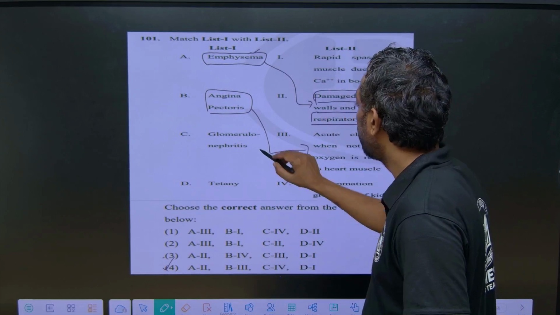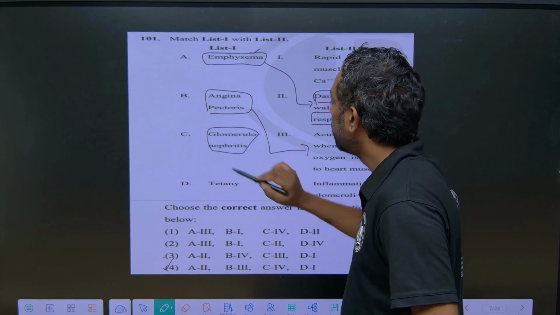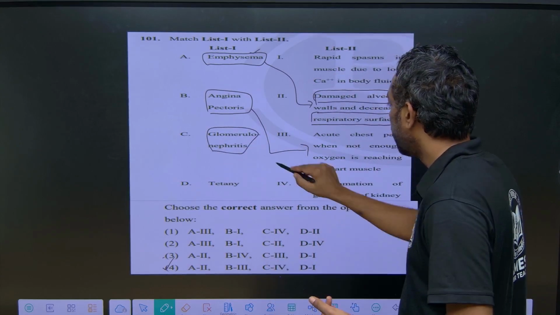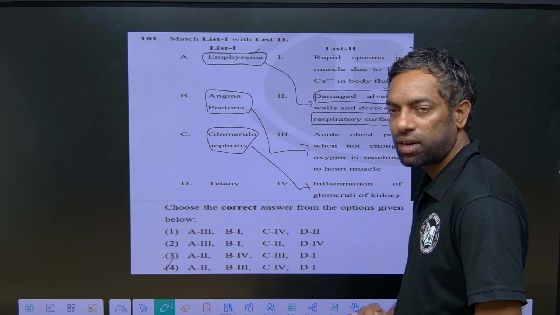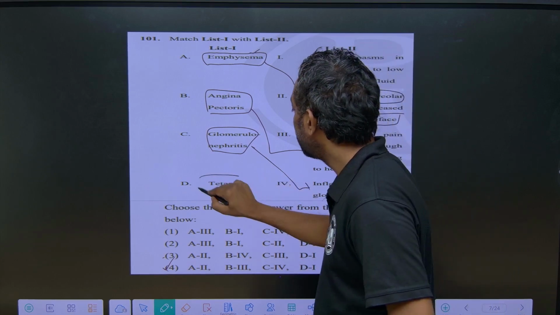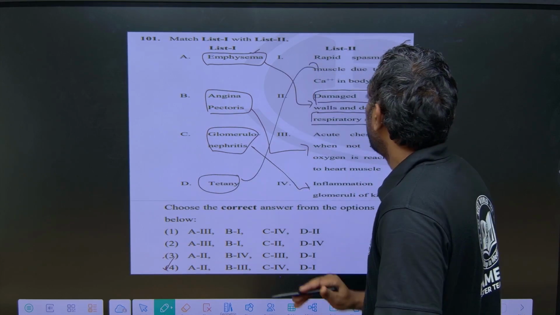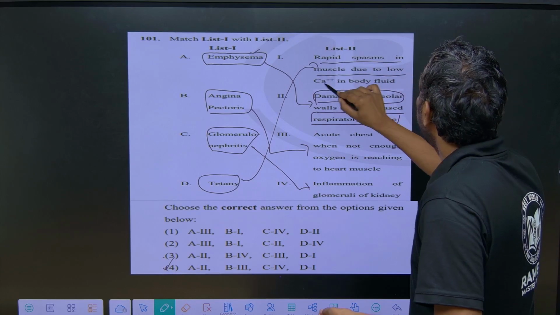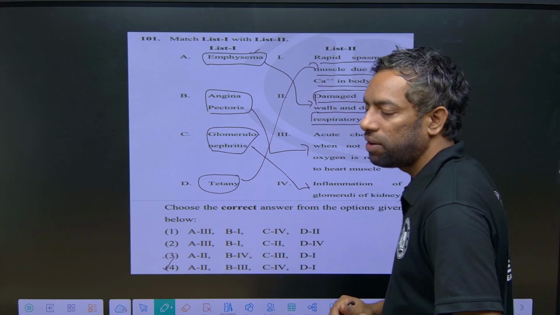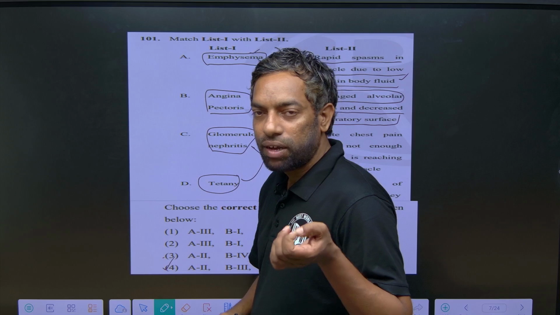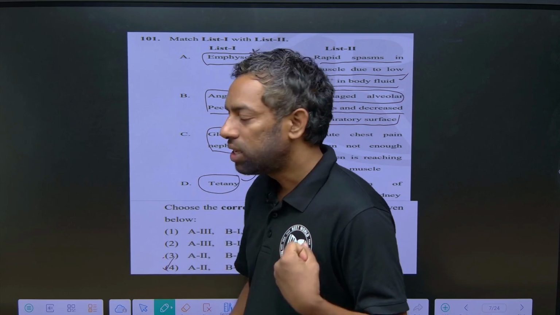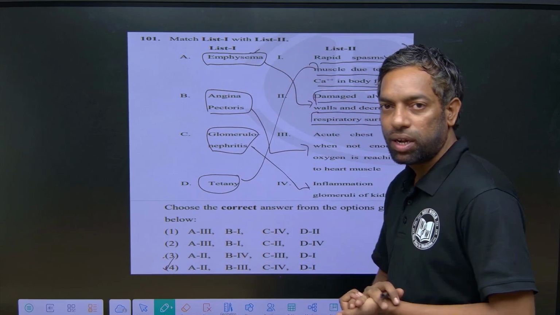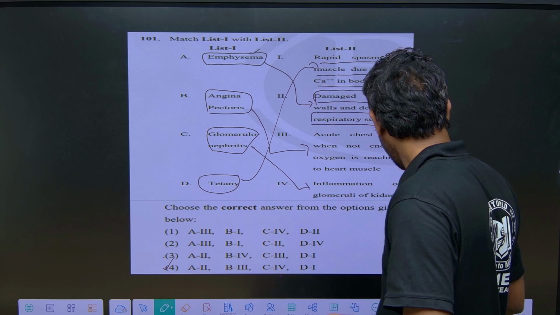Obviously glomerular nephritis is the damage, inflammation of the glomerulus. Tetany is rapid spasms of muscle due to low calcium in the body fluid. Of course, deficiency of calcium in the skeletal muscle creates the tetany condition.